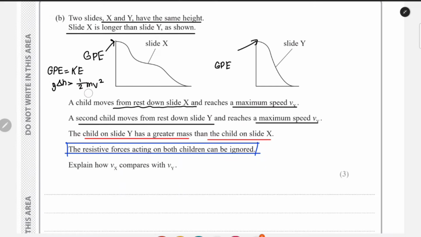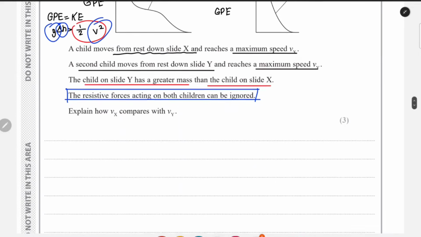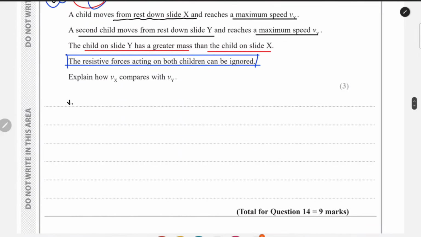The m's cancel out, so we'll have half v squared equals g delta h. In both cases, the height delta h is the same, and g is also a constant. So for both cases, Vx and Vy must be the same. So Vx will be equal to Vy.